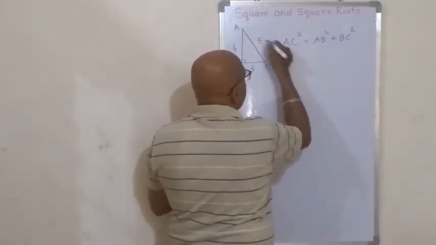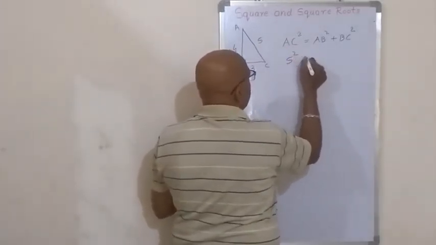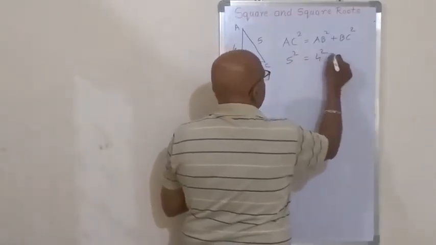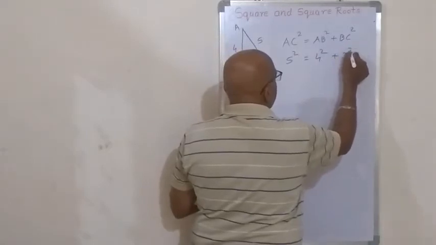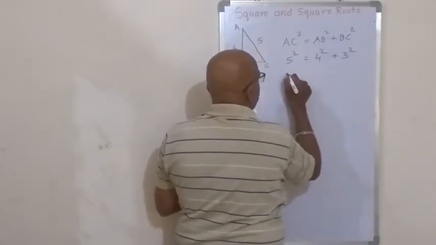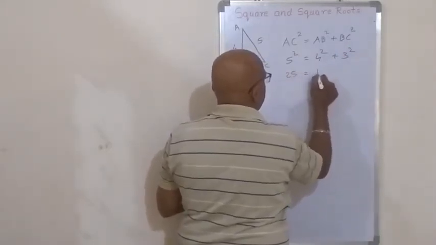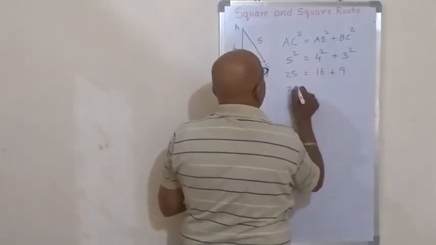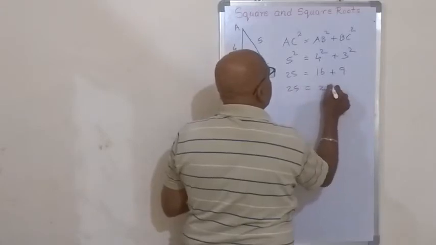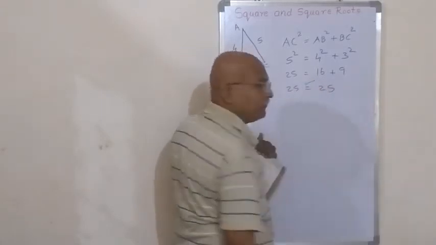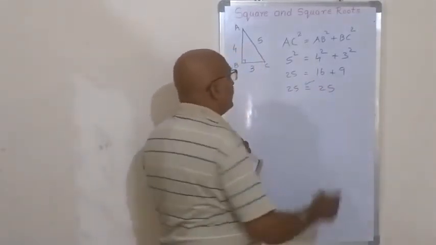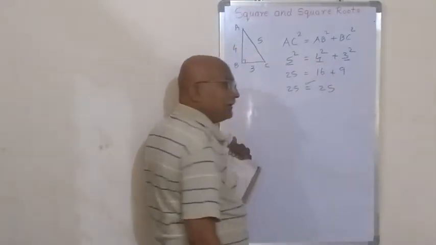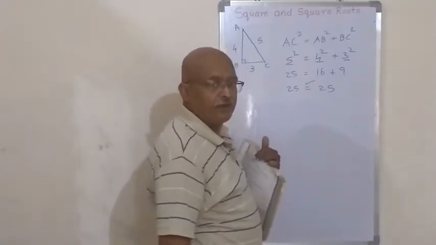See here, AC is 5, so 5 square equal to 4 square plus 3 square, that is 25 equal to 16 plus 9. So 25 equal to 25. Both sides are balanced. It means that these numbers 5, 4 and 3 is a Pythagorean triplet.